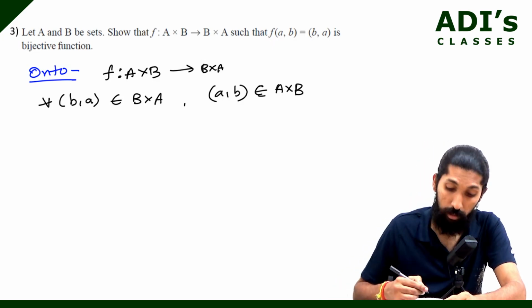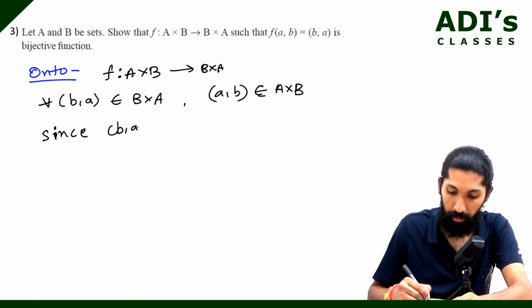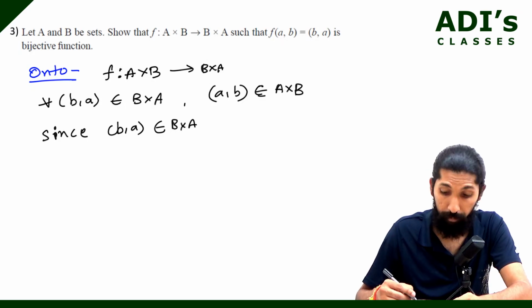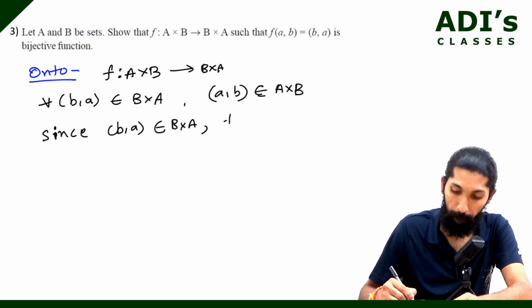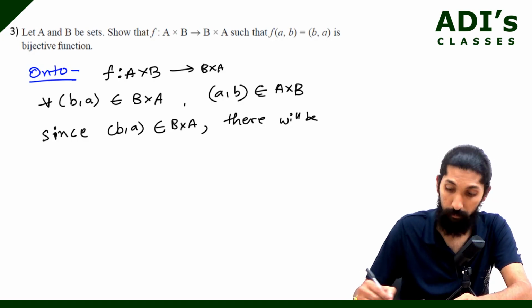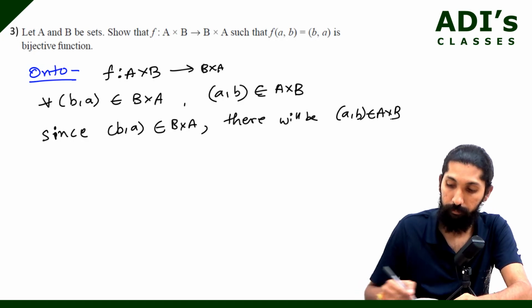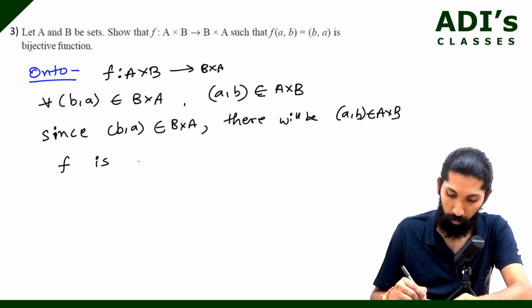That means, since (b, a) belongs to B cross A, there will be (a, b) which belongs to A cross B. That means f is onto.